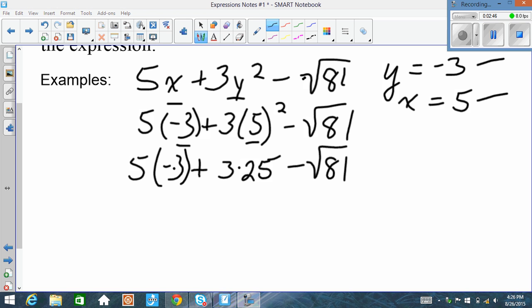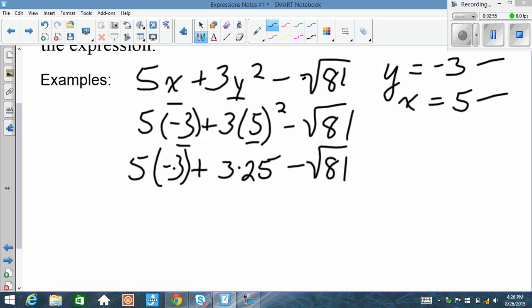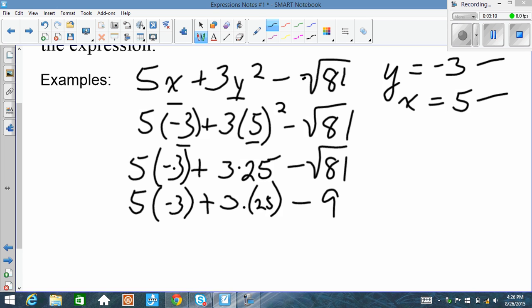The next thing would be the square root of 81, since that is a grouping symbol. So we would get 9 for the 81, minus stays in front, 3 times the 25, plus 5 times -3.